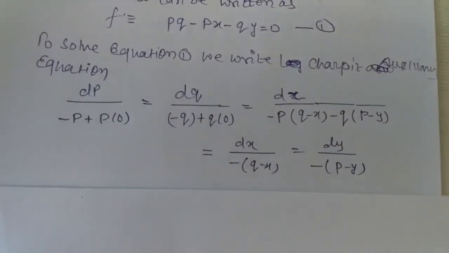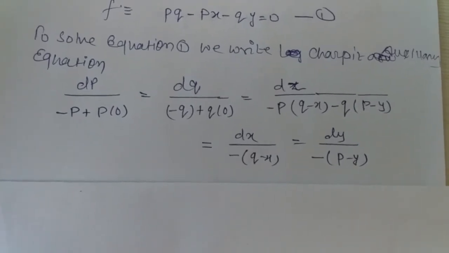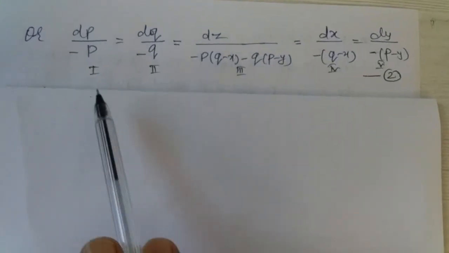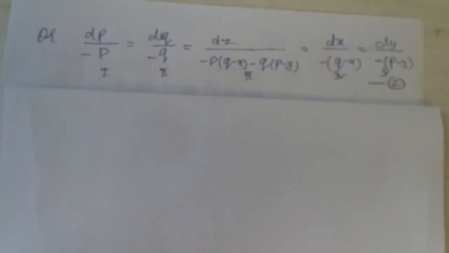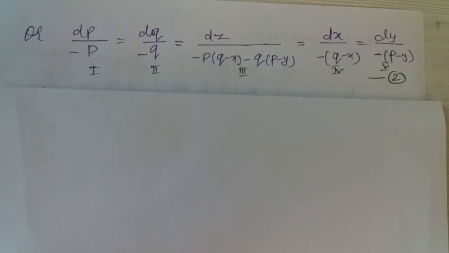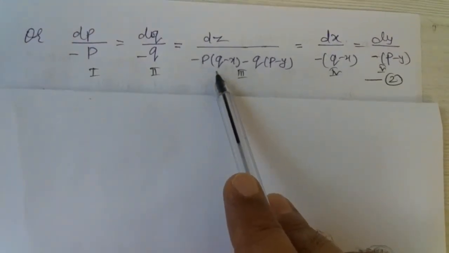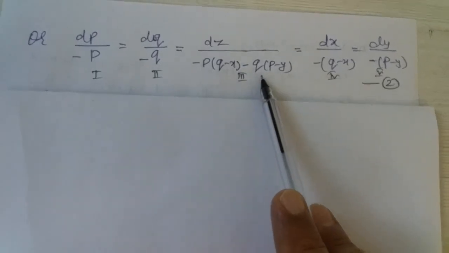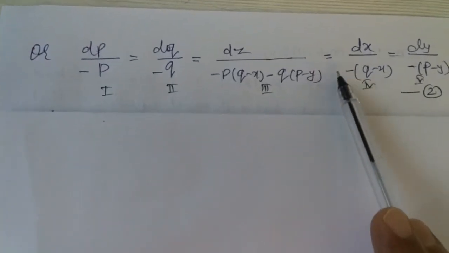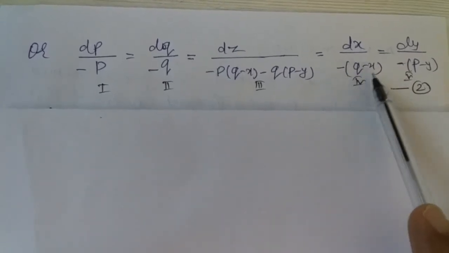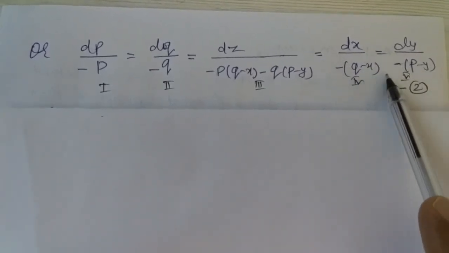Further, after simplification, this equation can be written as dp upon minus p equal to dq upon minus q equal to dz upon minus p multiplied by (q minus x) minus q multiplied by (p minus y) equal to dx upon minus (q minus x) equal to dy upon minus (p minus y).